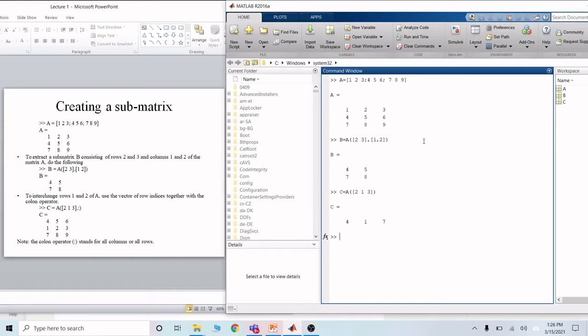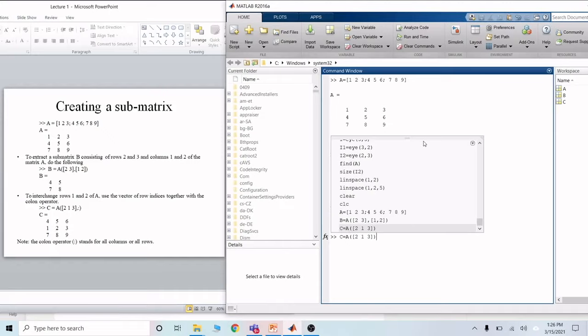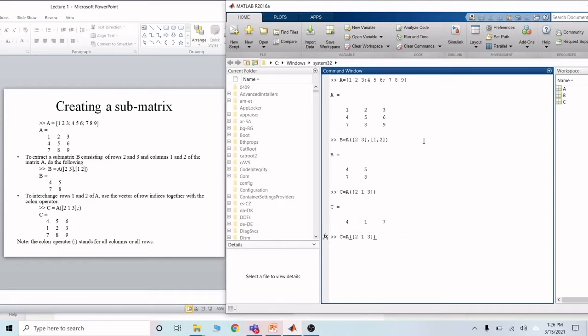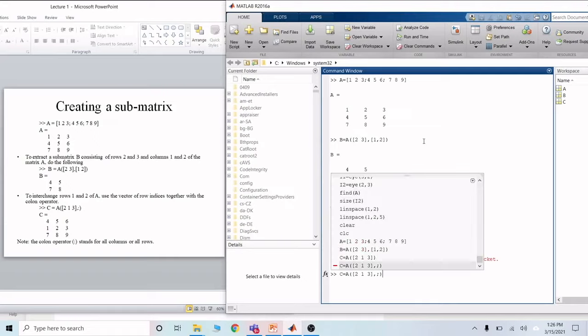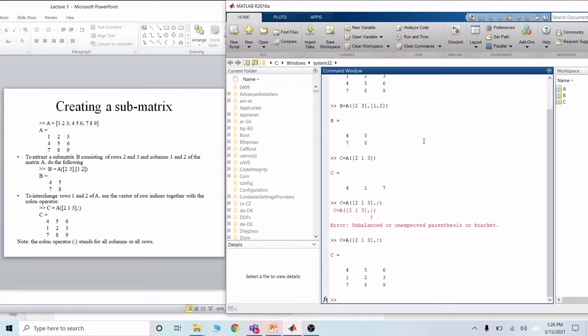I want first row 2, then row 1, then row 3, and all columns, comma, all columns. For all columns, write colon, right? I have to write colon.